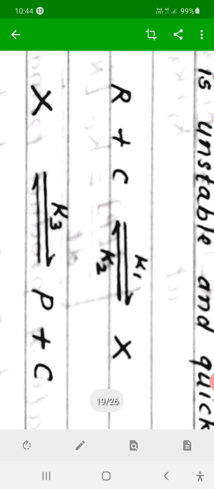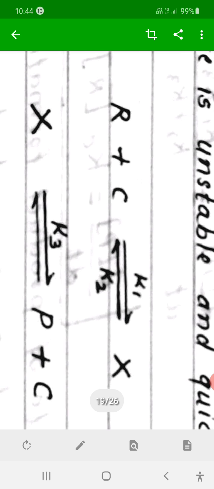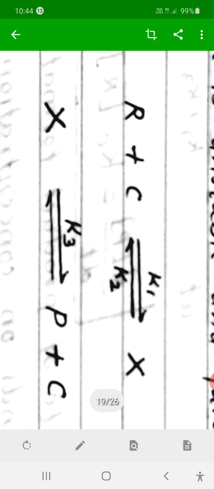What is the rate of formation of X? It is K1 into the concentration of R into the concentration of C. What is the steady state approximation? The concentration of X in the reaction medium remains constant.